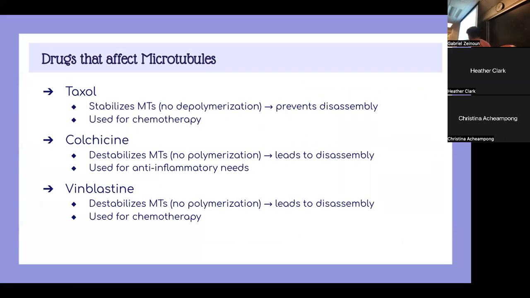The first one is Taxol, and this one stabilizes microtubules. As you probably remember, microtubules have this property called dynamic instability, where if they aren't adding on GTP-bound subunits, then they will start to depolymerize as the rate of hydrolysis catches up.